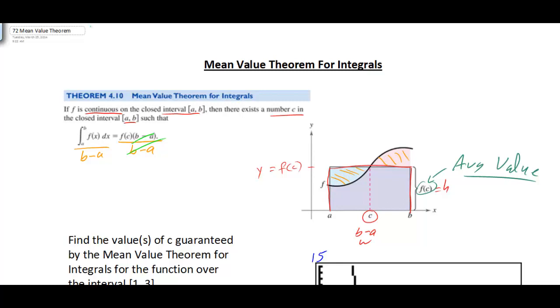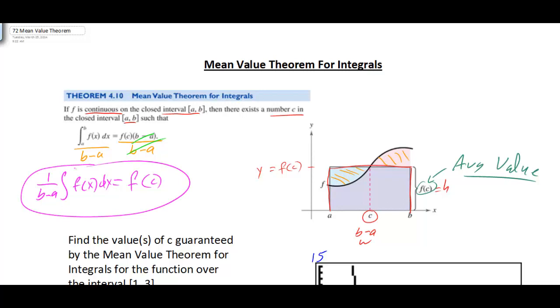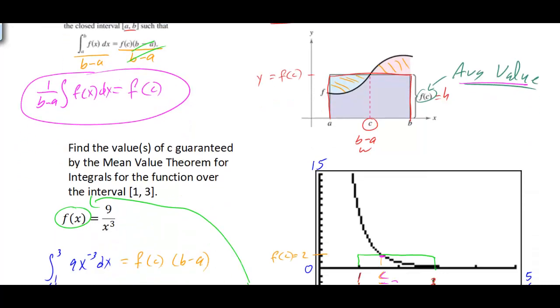So we're left with f of c equal to 1 over b minus a times the integral of f of x dx. And if you notice, this is the average value, which is the f of c. So over here, f of c, we just found the average value.